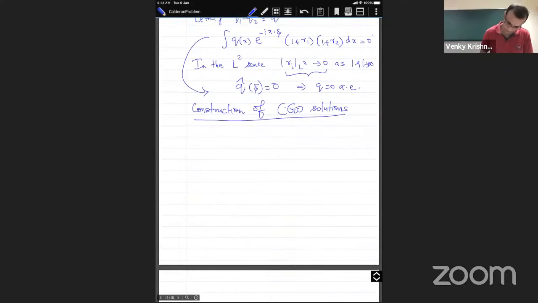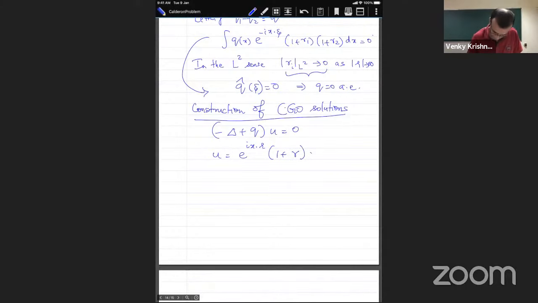Now suppose I were to look for a solution to minus Laplace plus q, u equal to 0, where u is equal to, let's say, e to the i x dot zeta, or x dot zeta, it doesn't matter, times 1 plus r. Here r also depends on x and zeta.